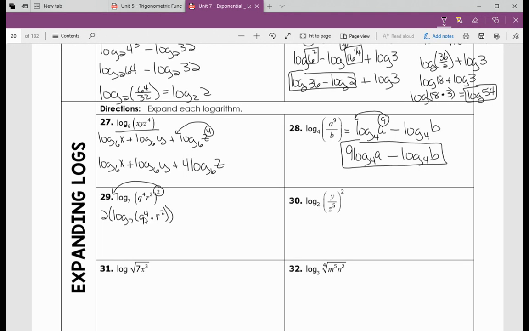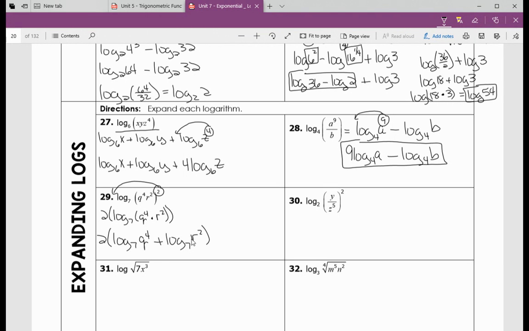Okay, now I'm going to use my product property to separate these, but notice I'm keeping them in parentheses because this 2 goes to the whole problem. I am using a plus because it is a product.